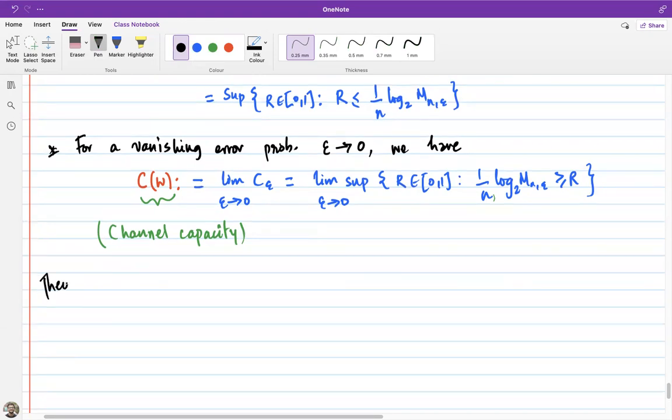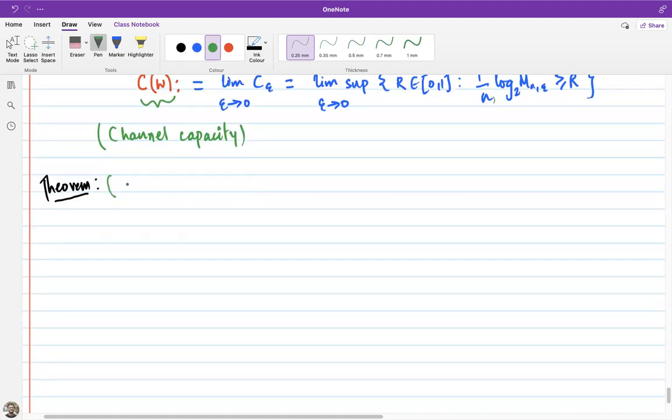Now with that, we have a theorem given by Shannon in 1948 in the seminal paper.